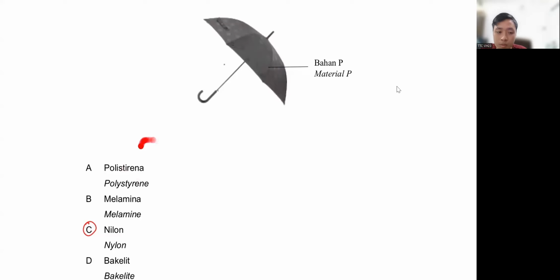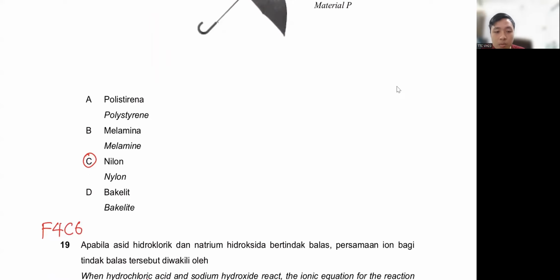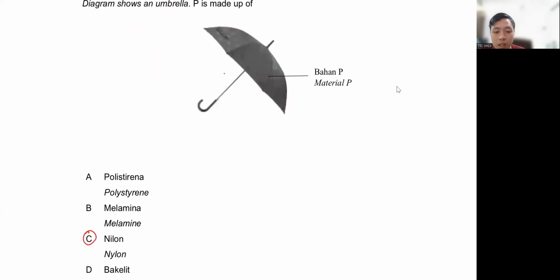Bakelite is also not this one. Bakelite is for the buttons and things like that. C, nylon. Nylon can be made into clothes, including umbrellas.